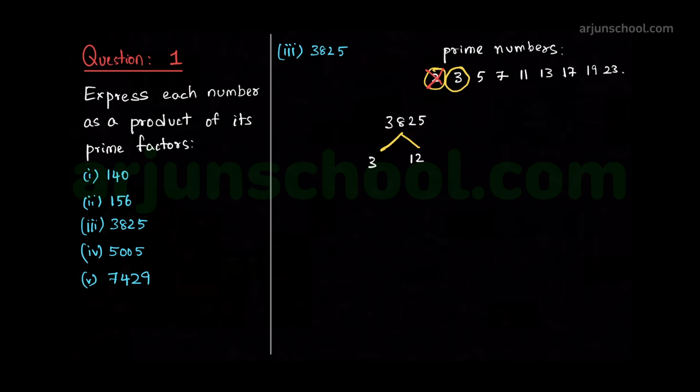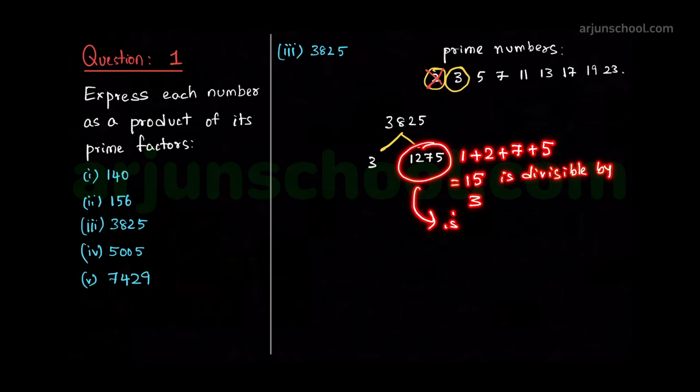Now we have 1275. We will continue checking with the same prime number 3. The sum of digits of 1275 is 1 plus 2 plus 7 plus 5, which is equal to 15. 15 is divisible by 3. So 1275 is also divisible by 3.